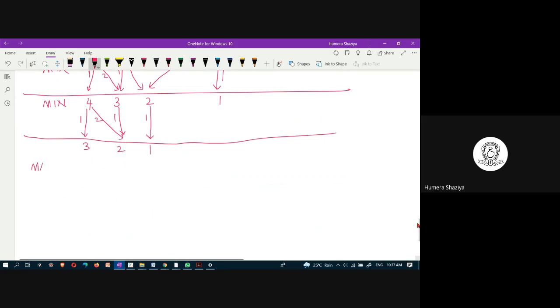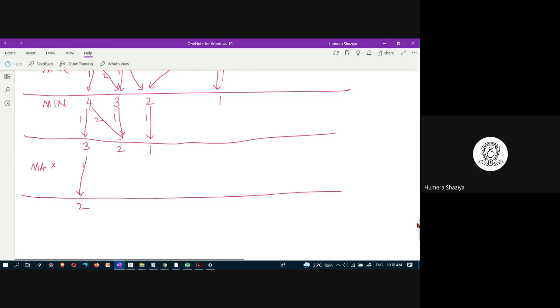And now it is Max's turn. Max has 3 values. If he chooses the first one, 3, from 3 he can pick 1. If he picks 1, then 2 will be left.